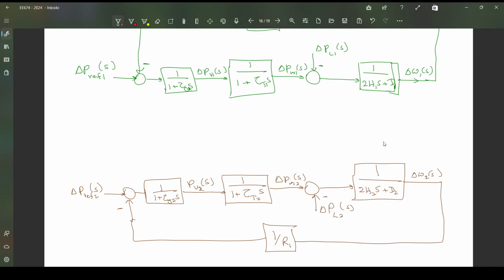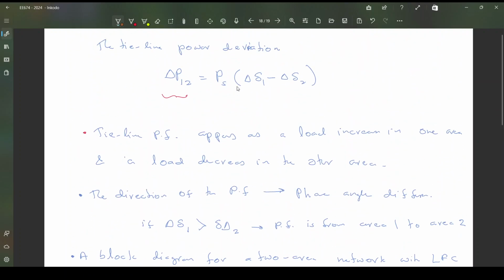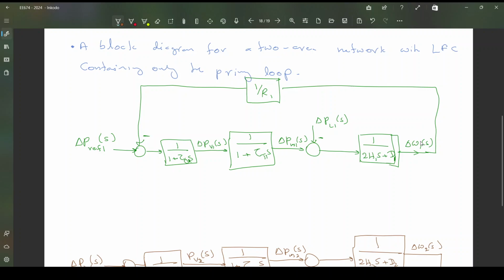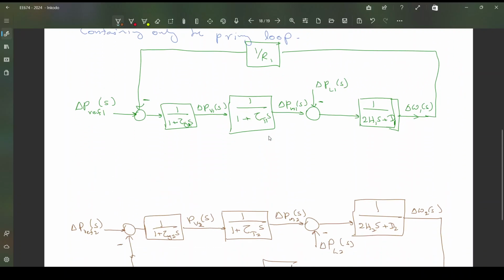Now it is connected through the tie line, right? So you can see that the tie line power flow change will be based on the angle difference. The angle you can calculate from here. The change in the speed is represented in change in the angle. So you have to take the difference, delta 1 minus delta 2, so this would be plus and this would be minus, right?